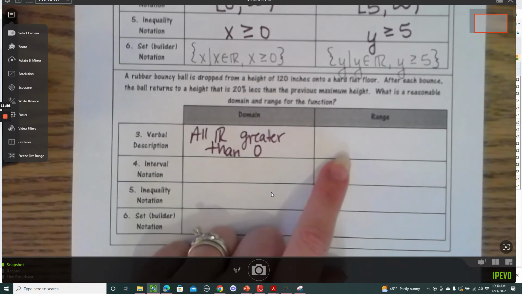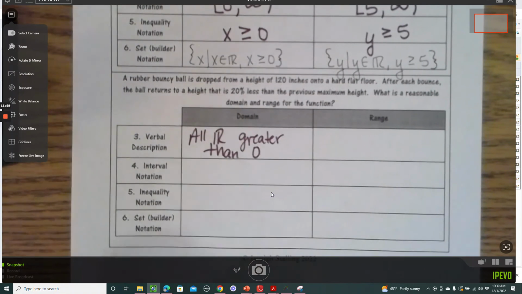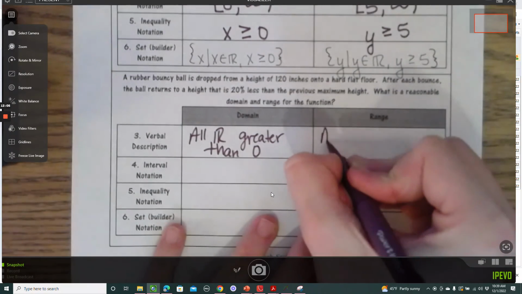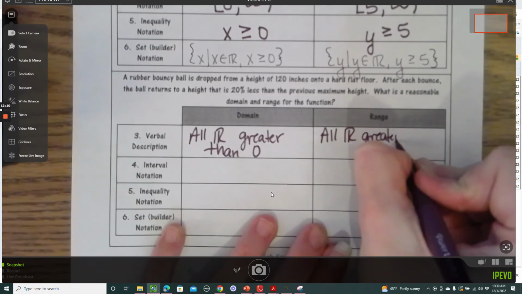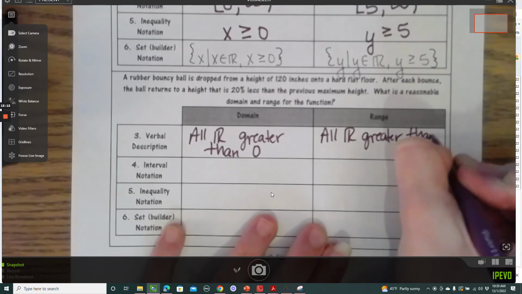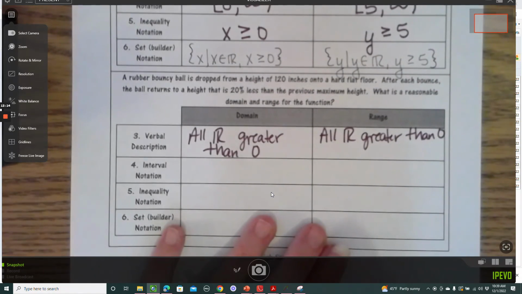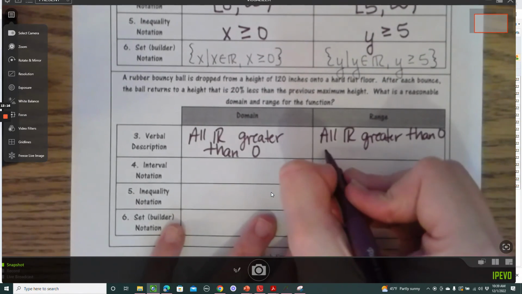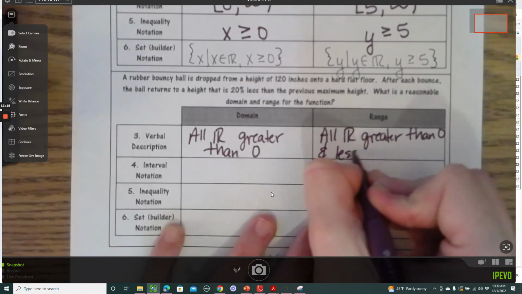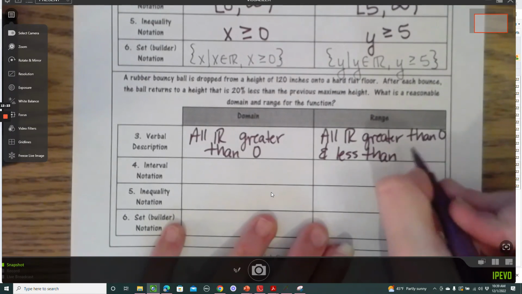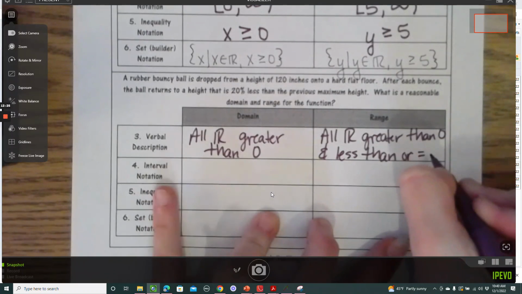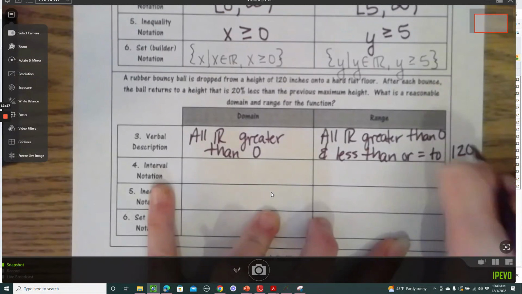Range. So from 0 to 120, but can the height be 0? So all real numbers greater than 0, so not greater than or equal to, and less than, can it be equal to 120? Less than or equal to 120.